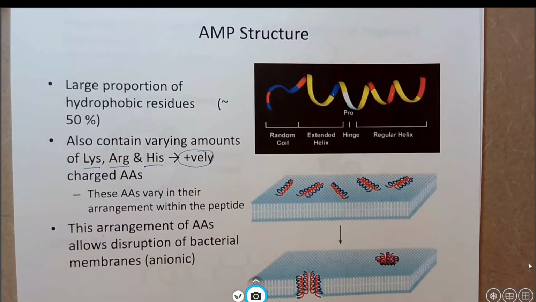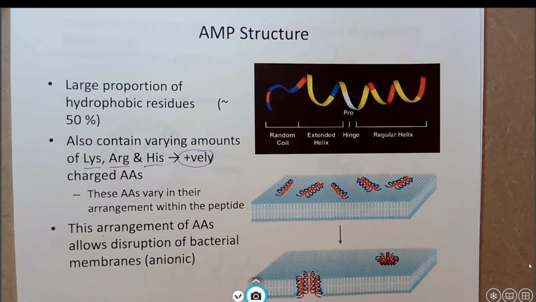When they form helices, you often have hydrophobic amino acids on one face, whereas you have positively charged amino acids on another face. The positively charged amino acids help embed the peptide within the negatively charged phospholipid bilayer, so you get that negative-positive attraction.